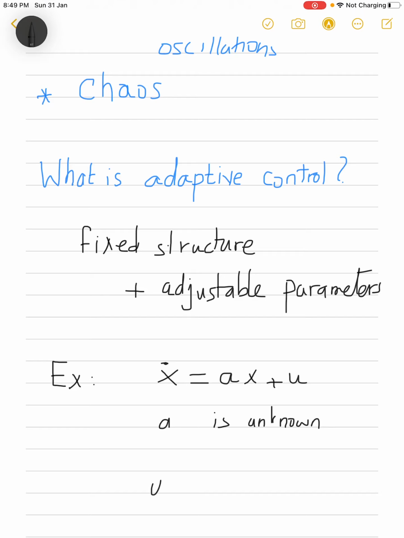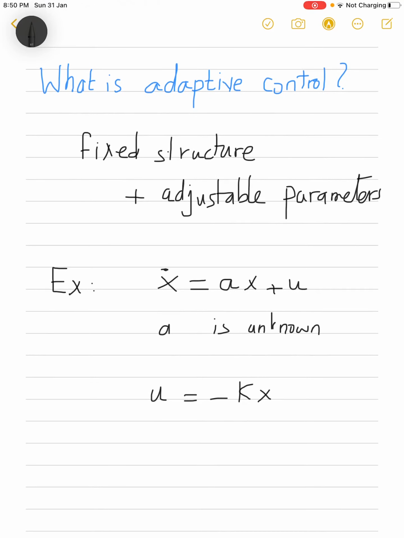Now if I use a simple feedback controller u equals minus kx, where k is a constant, then we can write the closed loop equation to be x dot equals (a minus k)x. This is a scalar system, so in order for the system to be stable, we require the factor a minus k to be negative. However, if we assume that a is unknown, as I assumed here, then I cannot really choose k to guarantee stability of the system in all cases.